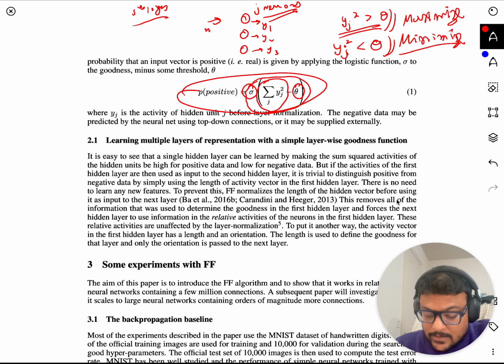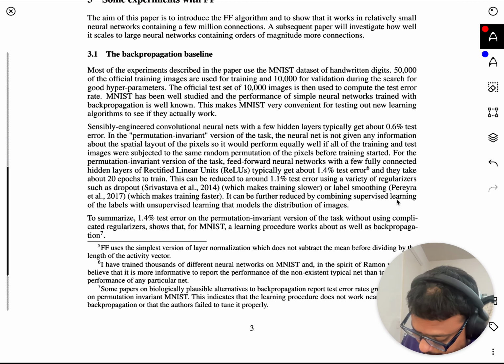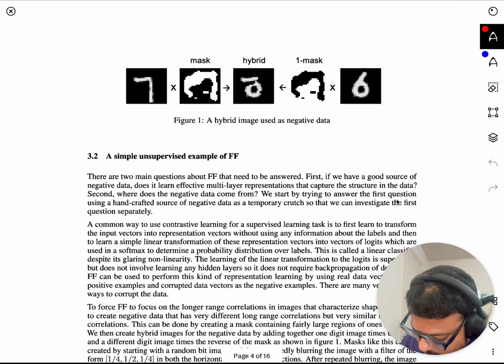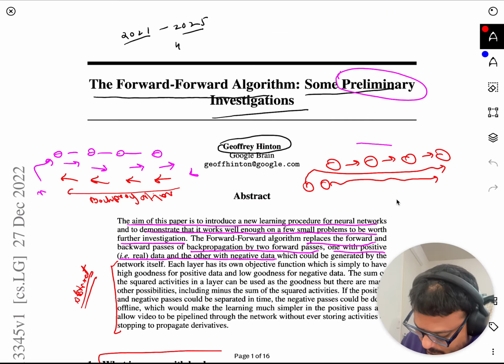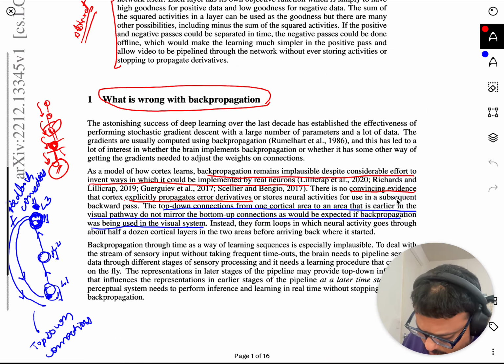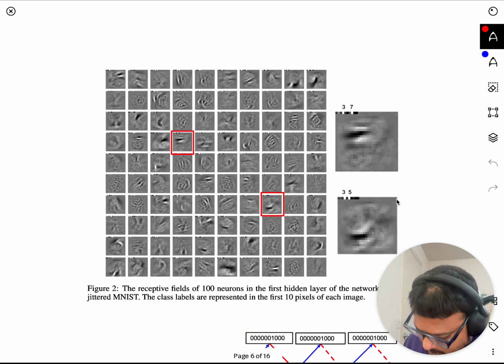Okay, so let me show you some other figure. Sorry. Okay, so what you can see here are some of the samples which he used.